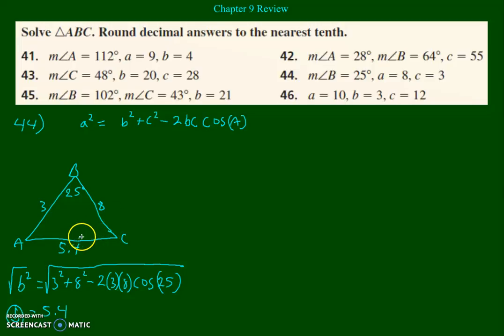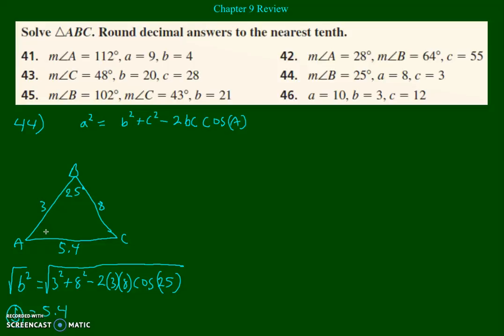Whenever we're looking for sides, we can use the sine function itself. But arc sine in the calculator is only going to return values from negative 90 degrees to positive 90 degrees. So if you have an obtuse angle, then you're not going to be able to get the proper measurement if you use law of sines to find the obtuse angle.